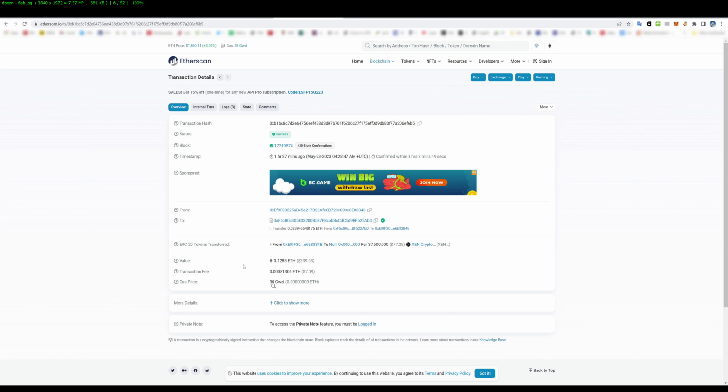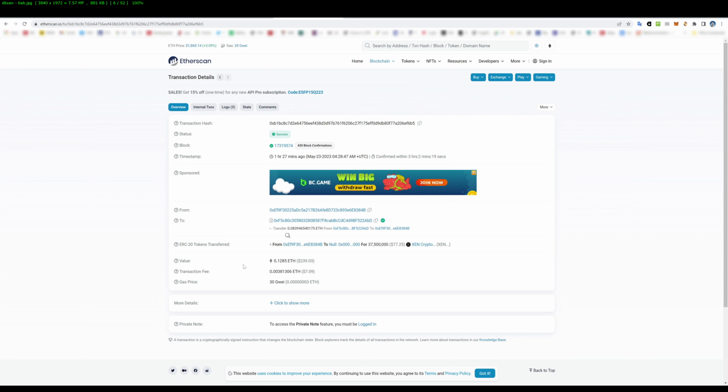It went through at 30 GUI, but the actual cost to burn 37 million Zen was here's the value, but the guy was refunded some of the transaction cost or protocol fee, because the protocol fee calculates the transaction cost at maximum gas, like 30 million or something used for the transaction.